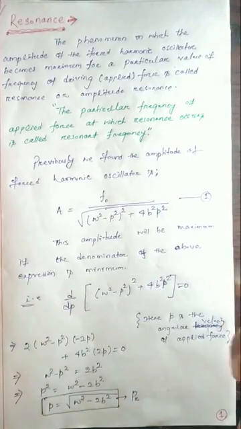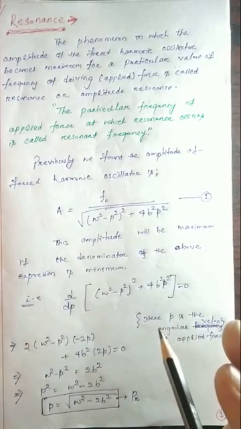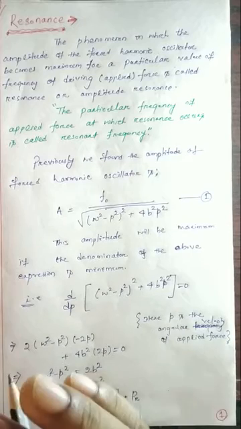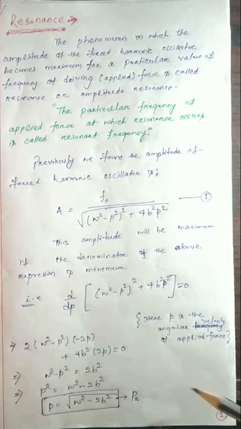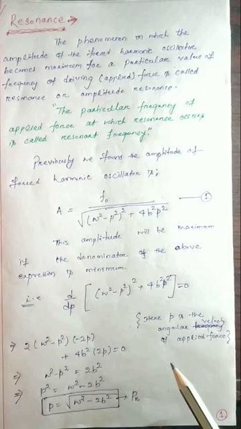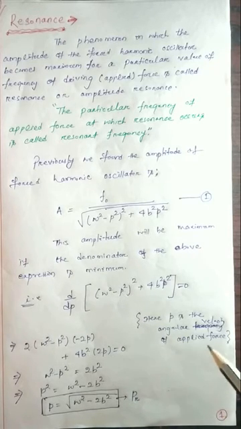Okay, so for a particular frequency we can find the maximum displacement of the oscillator. For a particular frequency, the amplitude of the oscillation will be maximum.